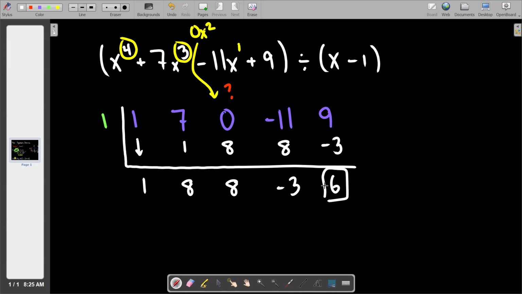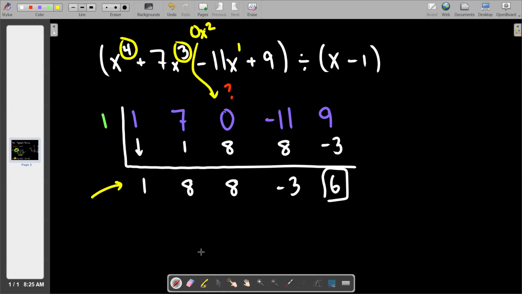So again, look in the upper left corner of the TV at the yellow circled 4. That means that the original degree of the dividend was 4. What will the degree of my quotient be? Correct. 1 less than what it was before. You just smack it down a layer.